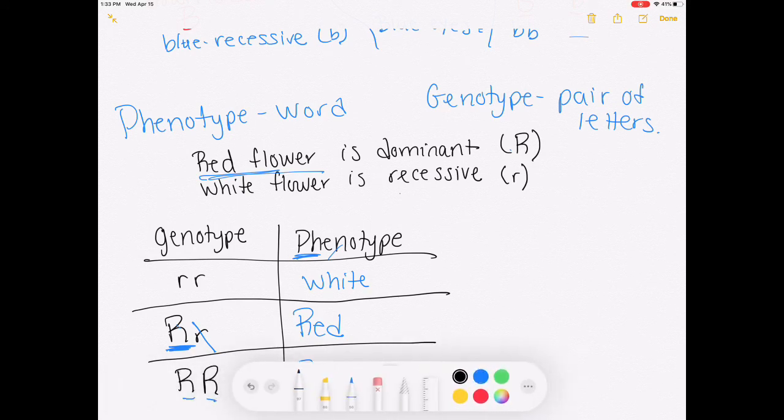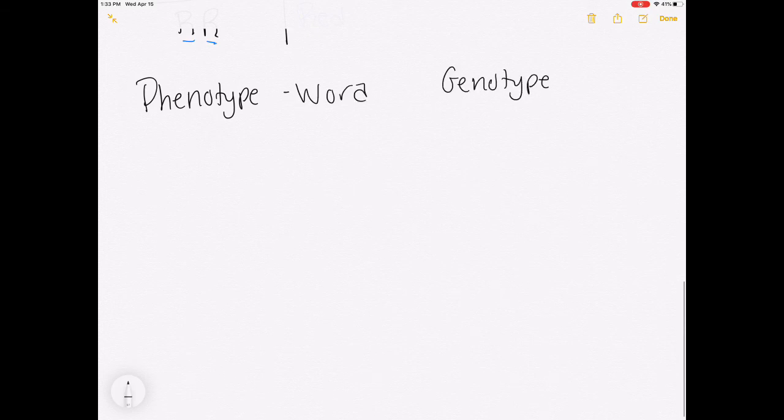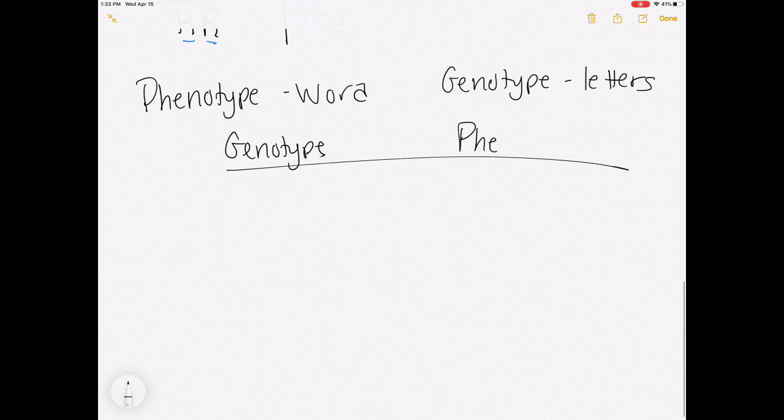So let's pick another trait. I'm going to move this up one more time and then we're going to be finished. Remember, phenotype is the word, genotype is the letters. Now I'm going to give you some genotypes and you've got to give me some phenotypes.